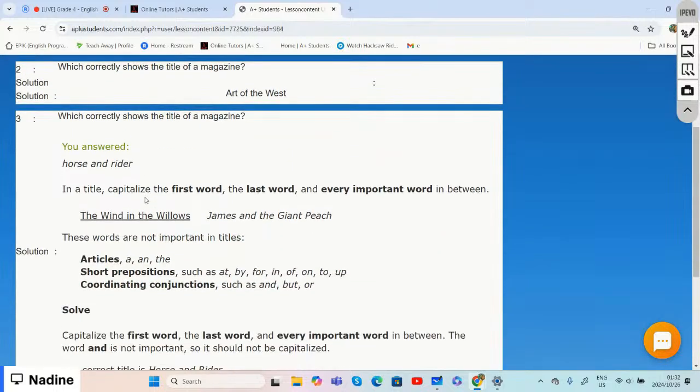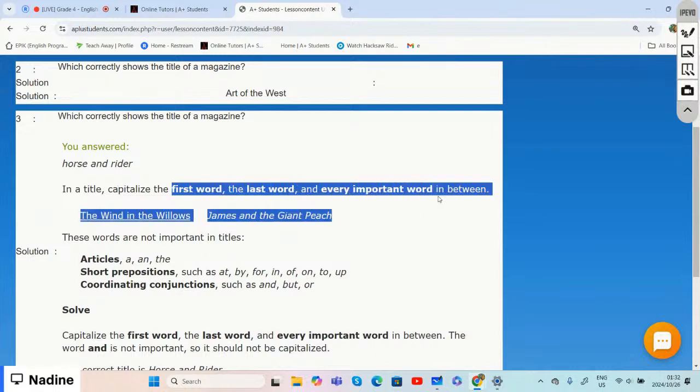And we see that in a title, we need to capitalize the first word, we need to capitalize the last word, and every other important word in between.